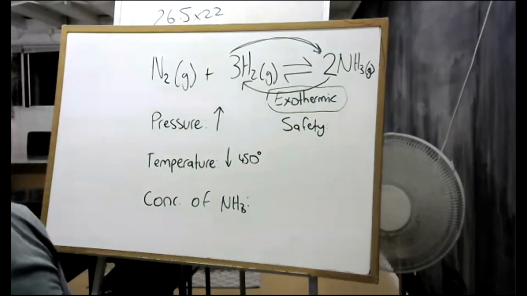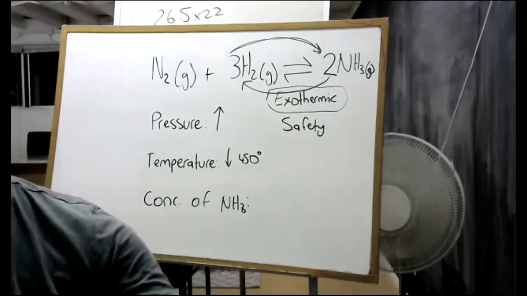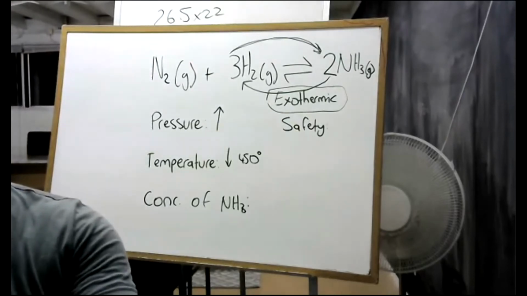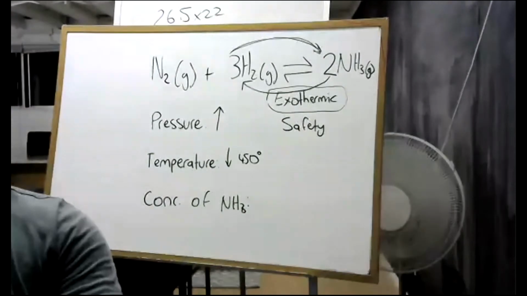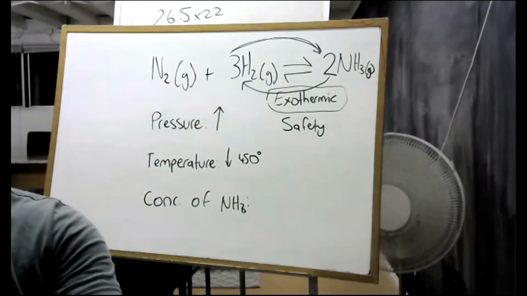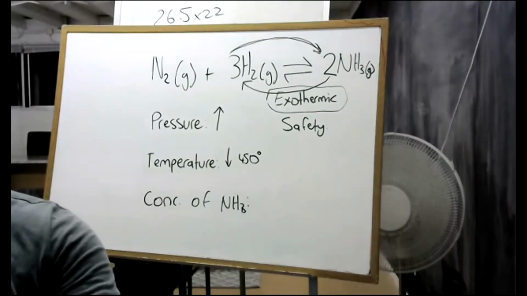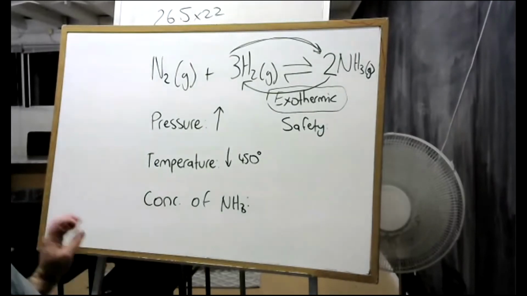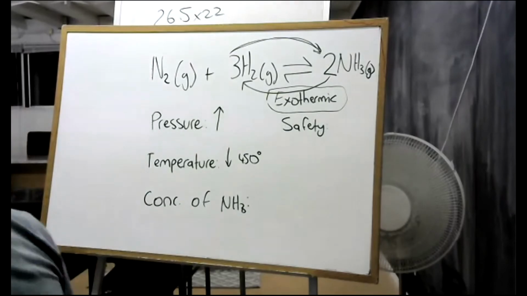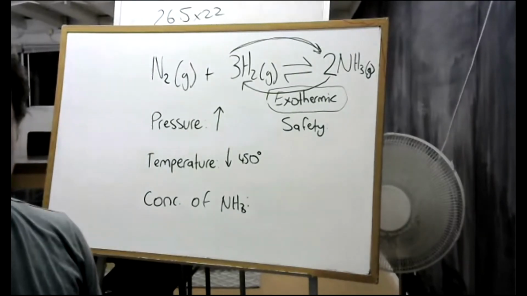So you could effectively create a large bomb if the pressure got too high. If the temperature got too high, again, you're looking at a serious safety issue. So that's why we need to carefully monitor the conditions when we're producing ammonia.